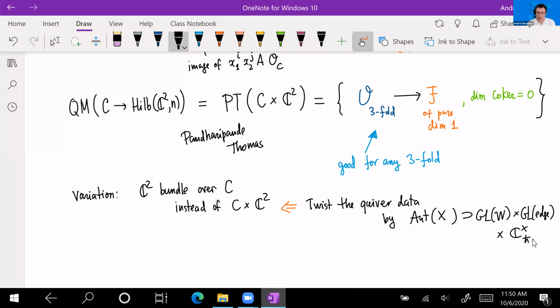For example, X1 or Xi can be a section, a Hom from V not to V, but twisted by a line bundle.